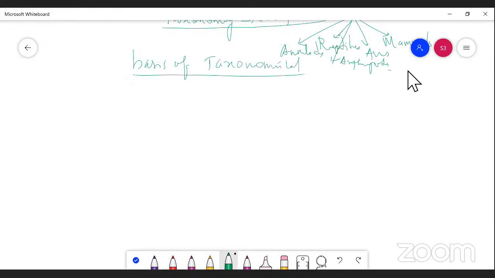So what are the key characters needed for taxonomical studies?